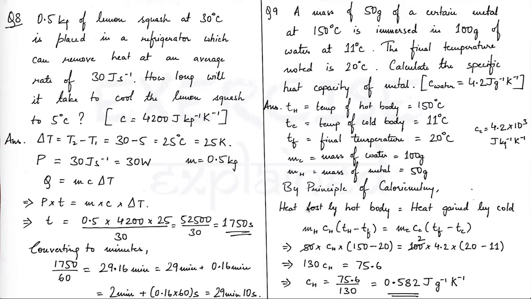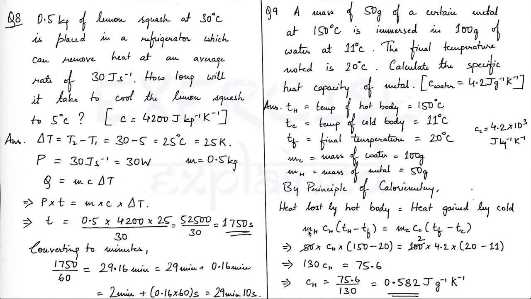Now we actually use the formula mc delta T is equal to mc delta T, which is nothing but mass of hot body, specific heat capacity for the hot body, into delta T for the hot body, that is the change in temperature for the hot body, which will be temperature of the hot body minus final temperature, is equal to mc delta T for the cold body, that is mass of cold body into specific heat capacity of cold body, and delta T for the cold body will be final temperature minus cold body temperature. So that is Tf minus Tc.